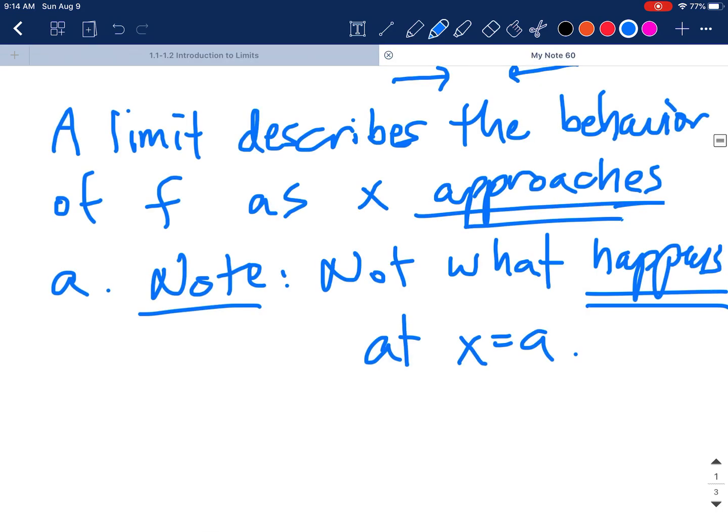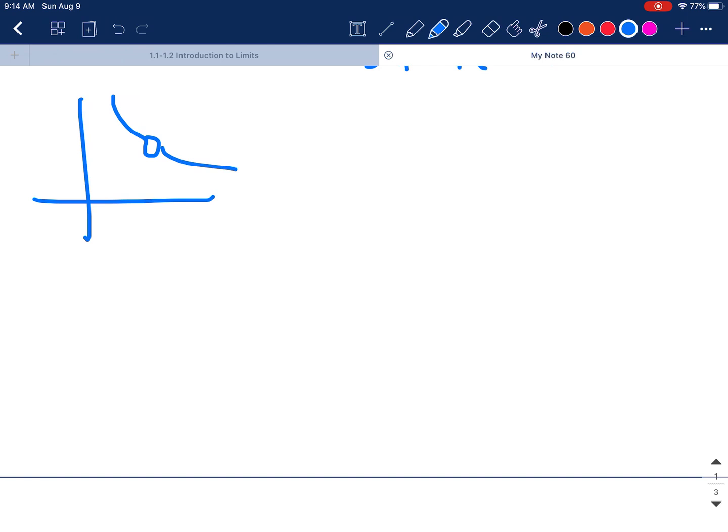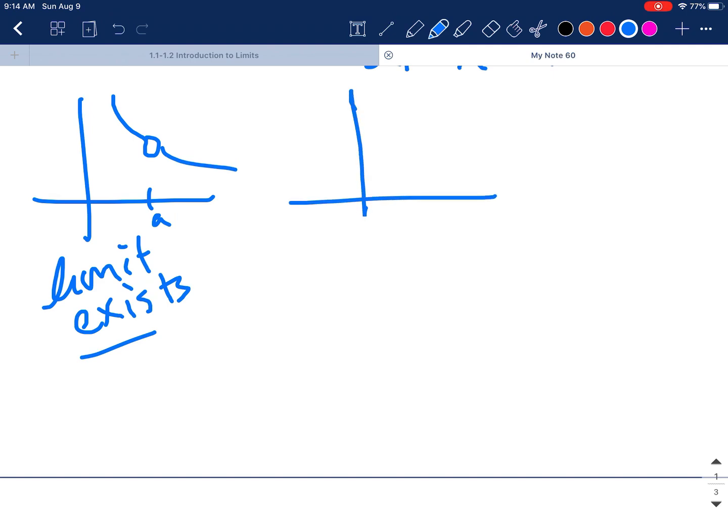So again, jumping over to the other note here, a function with a hole at a, limit exists. Now, what do I mean by the limit on the left and the right has to be the same? Well, I could have a graph that has a jump discontinuity at a.